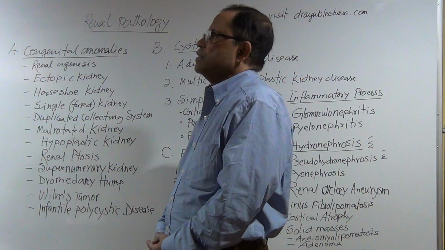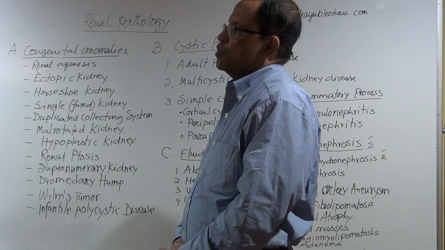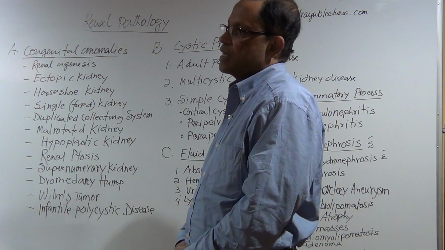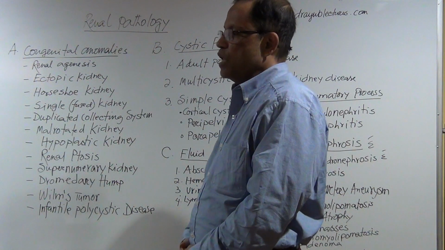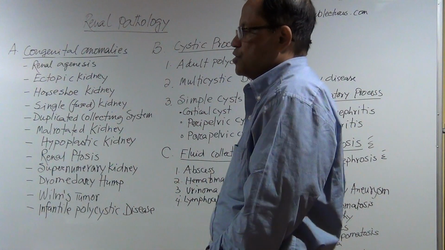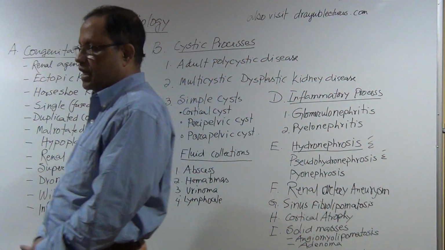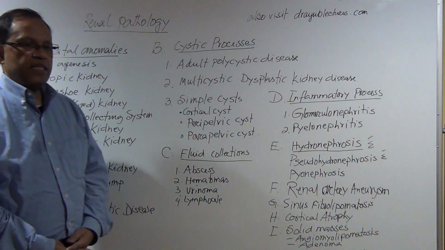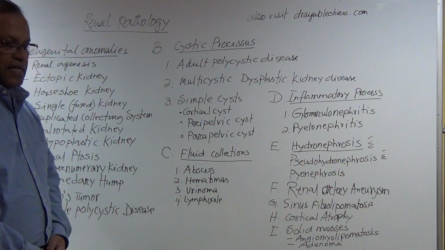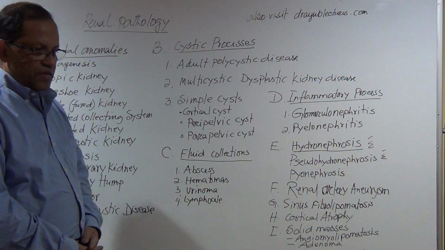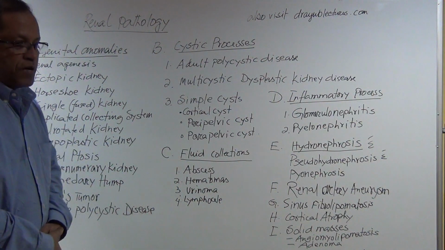So the take-home message is, if you don't see the kidney or kidneys in their normal location, then you must look for the kidney in the pelvic location, because the pelvic kidney is a big size kidney and it is a complete functioning kidney.